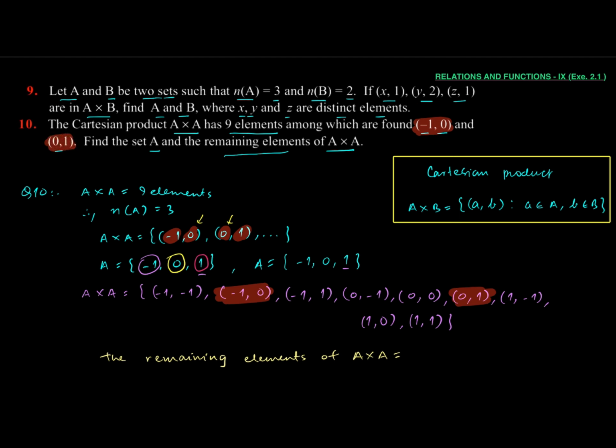So the remaining elements of set A cross A will be (-1, -1), (-1, 1). The next one will be (0, -1). The next one will be (0, 0). Next will be (1, -1). Next one will be (1, 0). And the last one will be (1, 1).